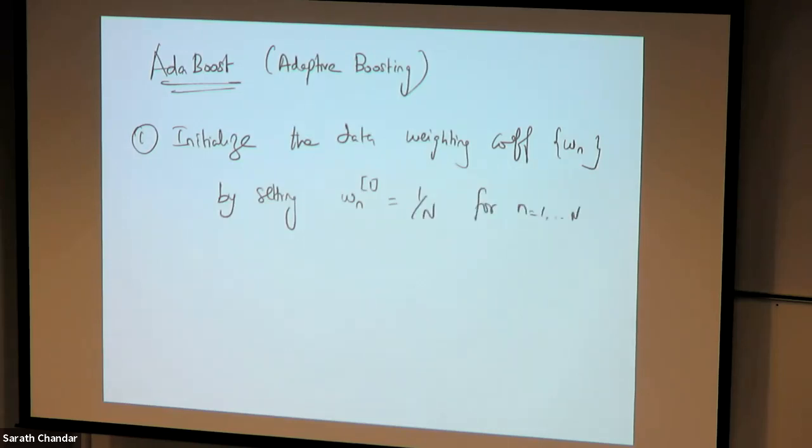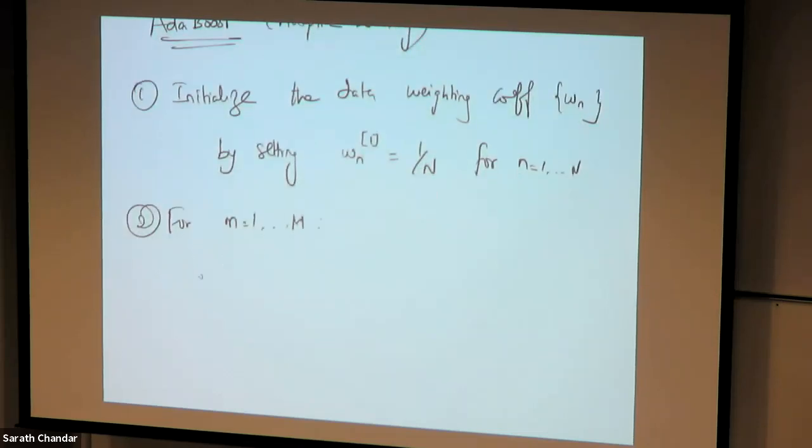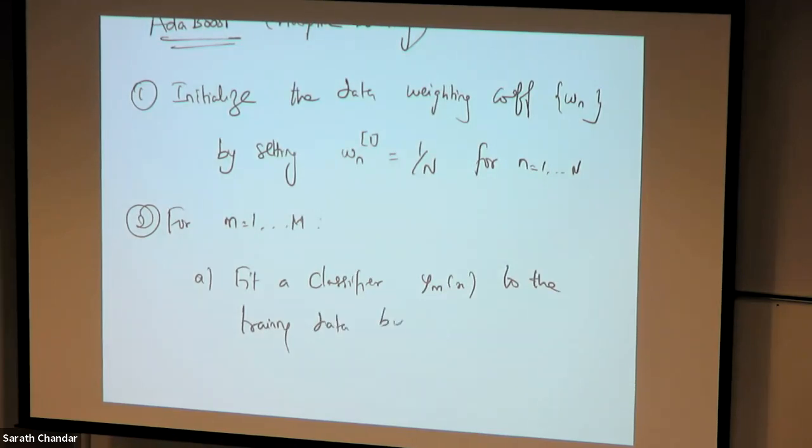Now our goal is to train M classifiers, so we are going to have a loop for m equal to 1 to M. The first step is to fit a classifier y_m(x) to the training data by minimizing the weighted error function.